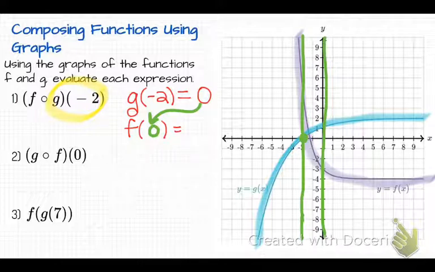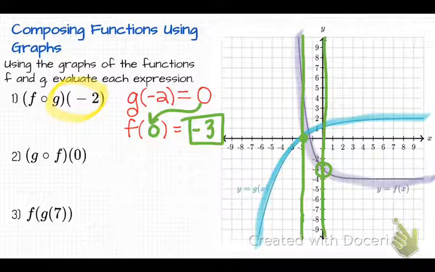Now, is f my blue graph or my purple graph? My purple, so I'm going to look right here. Where is that point of intersection? -3, so that means my answer is -3. Is that okay so far? Okay, what questions do you have before I move on to number 2?